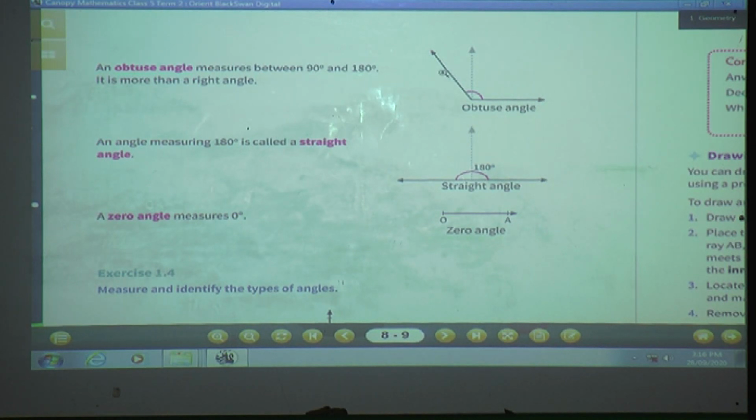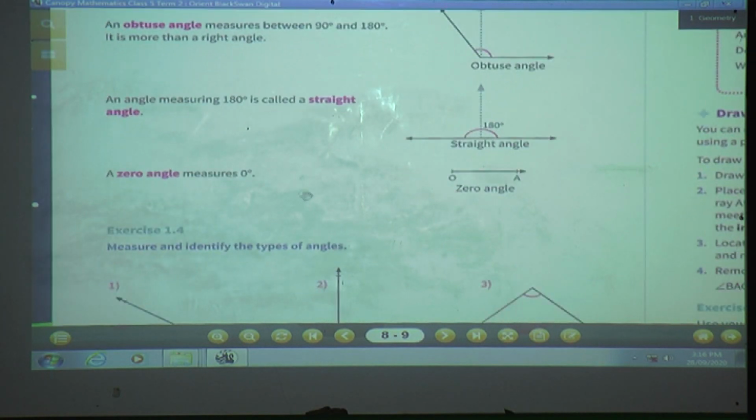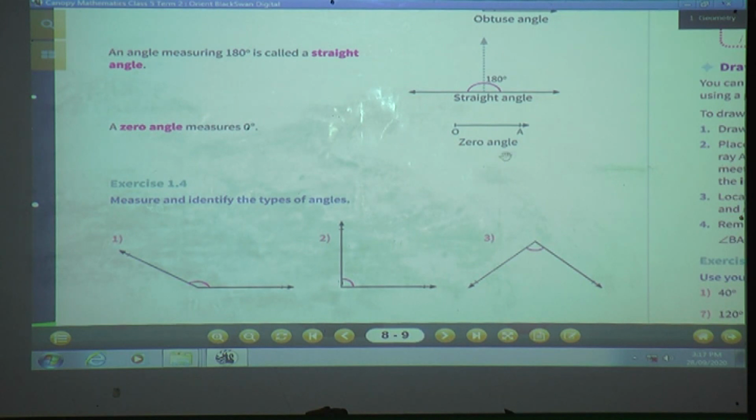It measures between 90 degree and 180 degree. It is more than a right angle. And next one, straight angle. A straight angle measures 180 degree, and this one is a zero angle. A zero angle measures 0 degree.